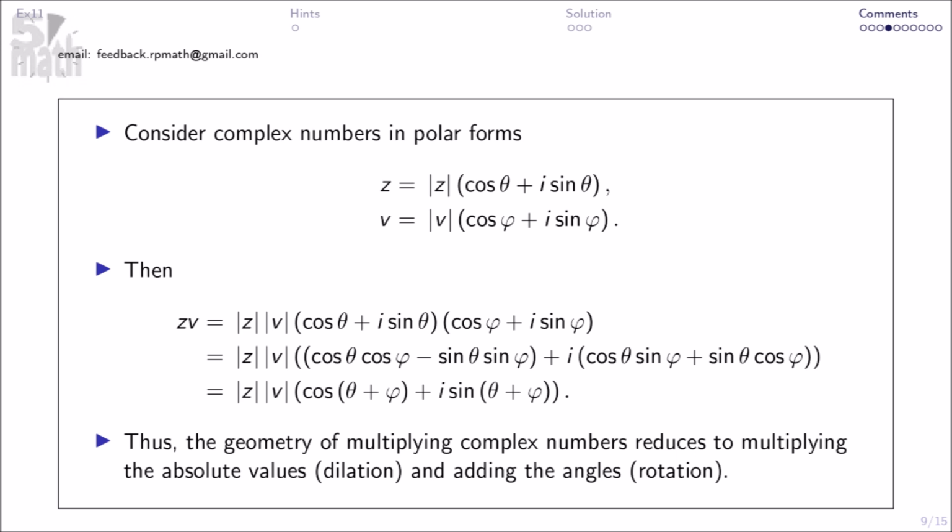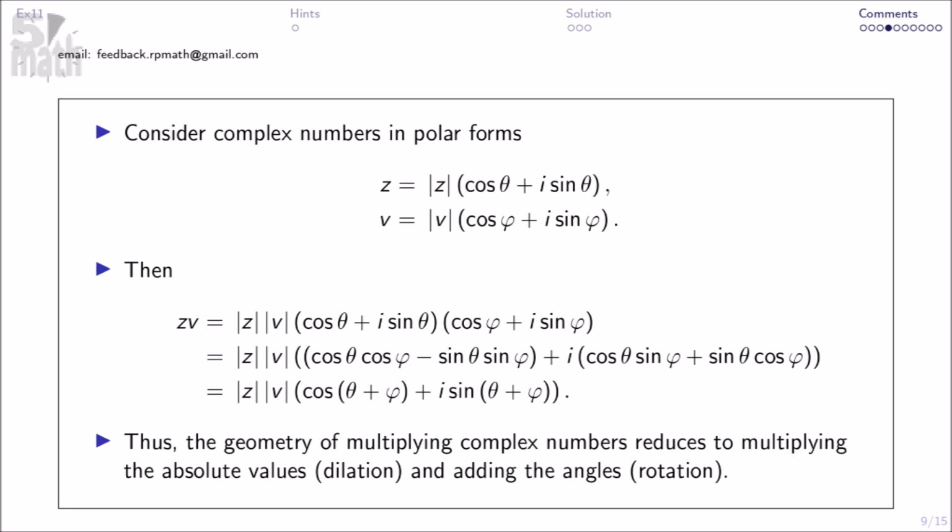Then zv equals the absolute value of z times the absolute value of v times cosine theta plus i sine theta times cosine phi plus i sine phi, which equals the absolute value of z times the absolute value of v times cosine theta cosine phi minus sine theta sine phi, plus i cosine theta sine phi plus sine theta cosine phi, which equals the absolute value of z times the absolute value of v times cosine theta plus phi plus i sine theta plus phi.